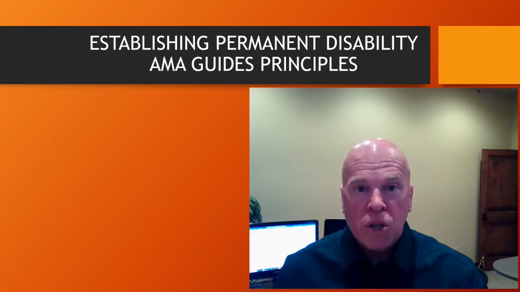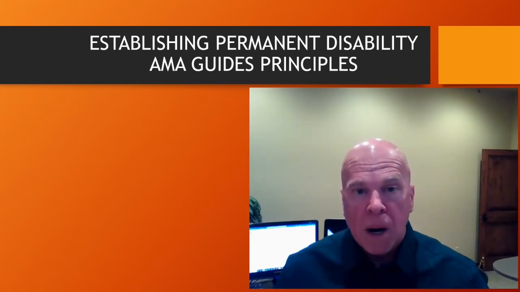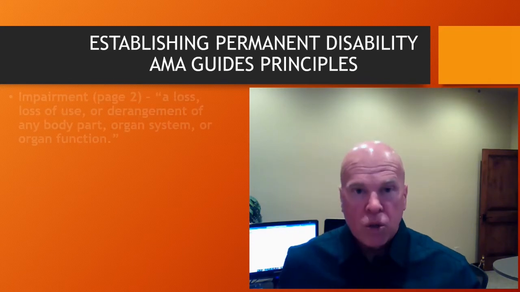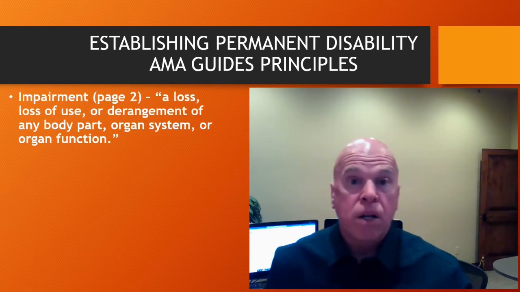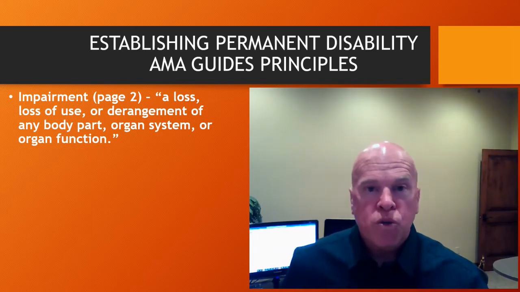So let me share with you how the guides set up a conservative approach to impairment ratings, and then under the AMA guides and under Almaraz and Guzman, we'll go into your opportunities to rebut those conservative impairment ratings. So a couple principles from the AMA guides.